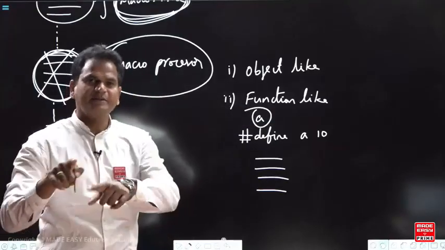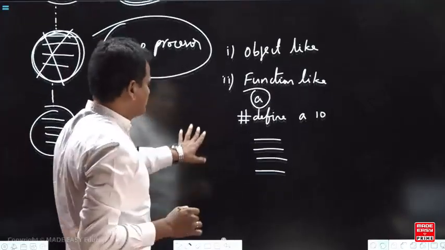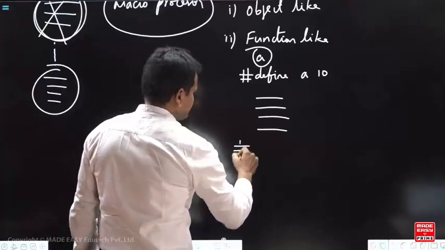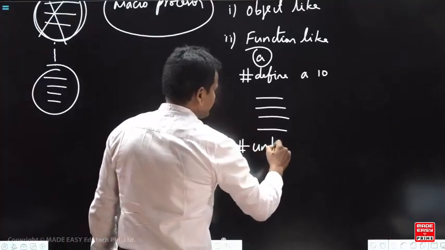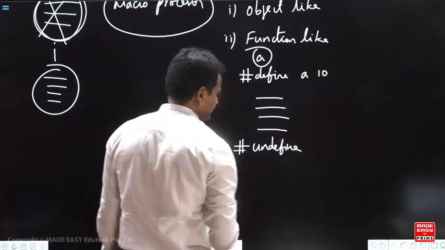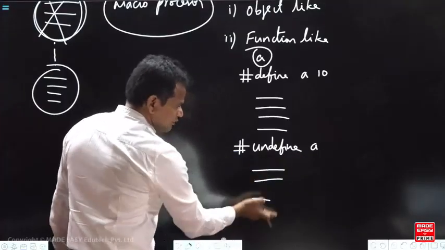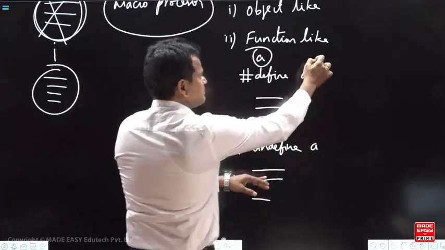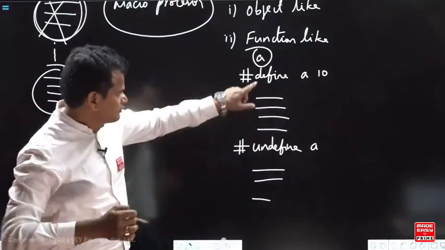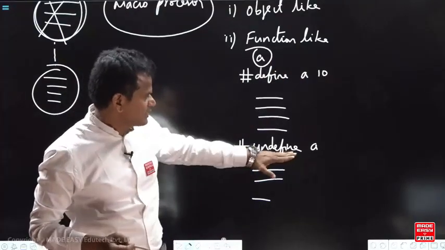Do you understand? This will be done before the compilation. Now, suppose #undef A. That means after this, wherever A is there, it won't be replaced with 10, because we defined A here and we undefined it.